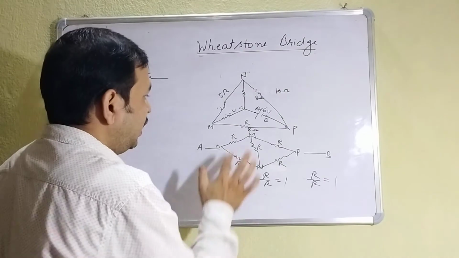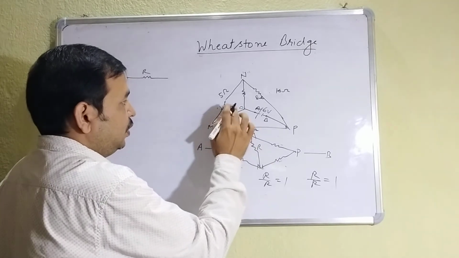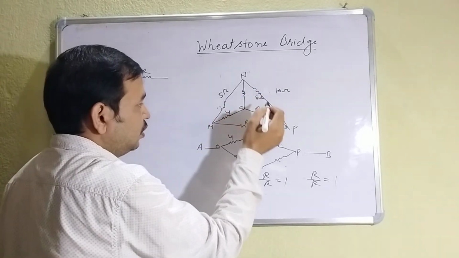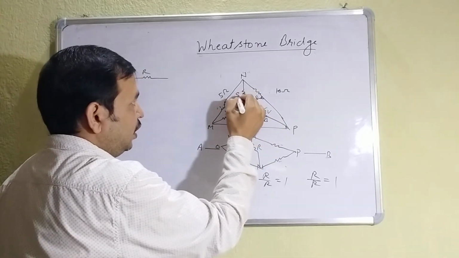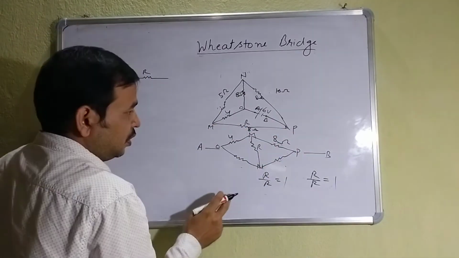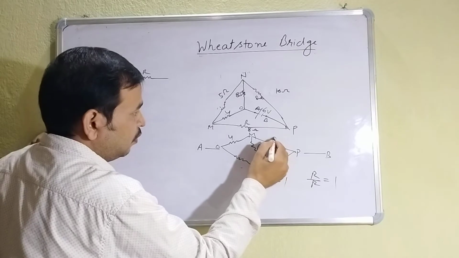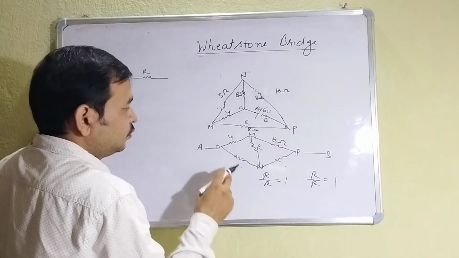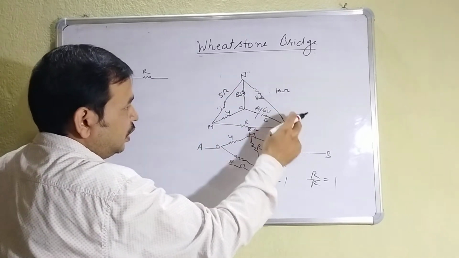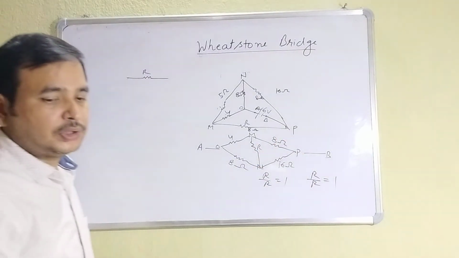Now you can see when I draw the equivalent circuit, it will be like this, where OM is 4, which I have taken. ON, suppose this is given as 8 ohm. Next, MP, this is given as 8 ohm, and NP, this is 16 ohm. Suppose different resistors are given to you.